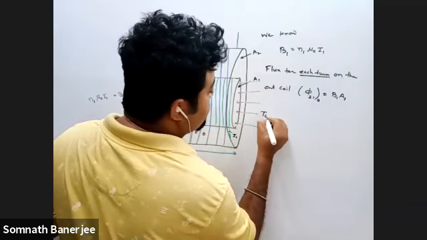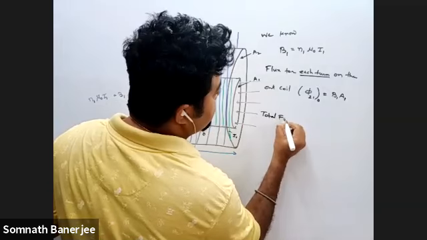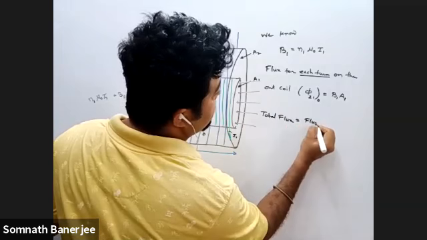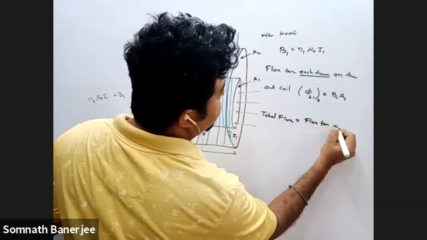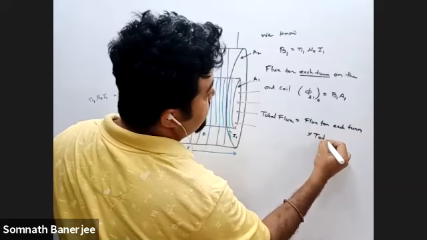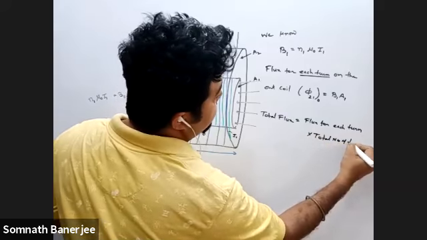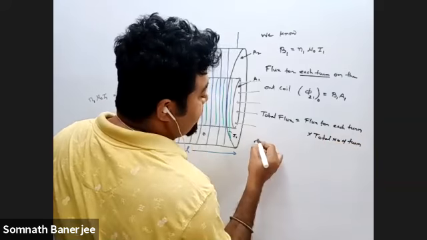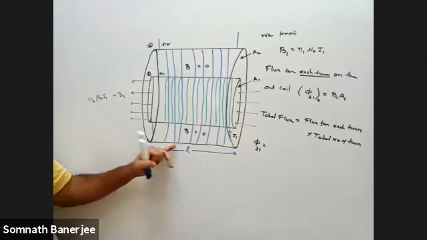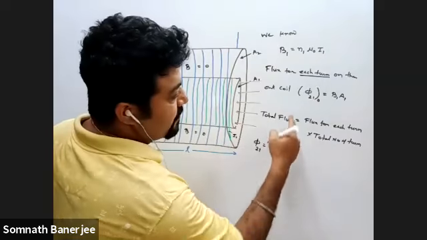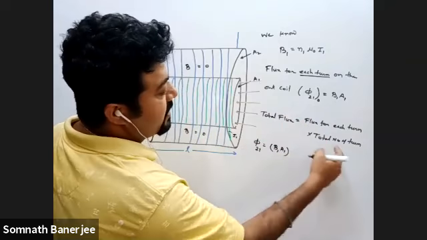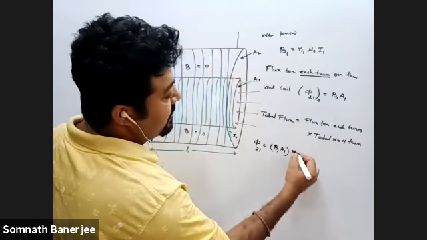So total flux equals flux for each turn into total number of turns. So total flux at the outer coil 2 due to 1 is flux for each turn, that is B1 A1, and total number of turns on the outer coil is N2.